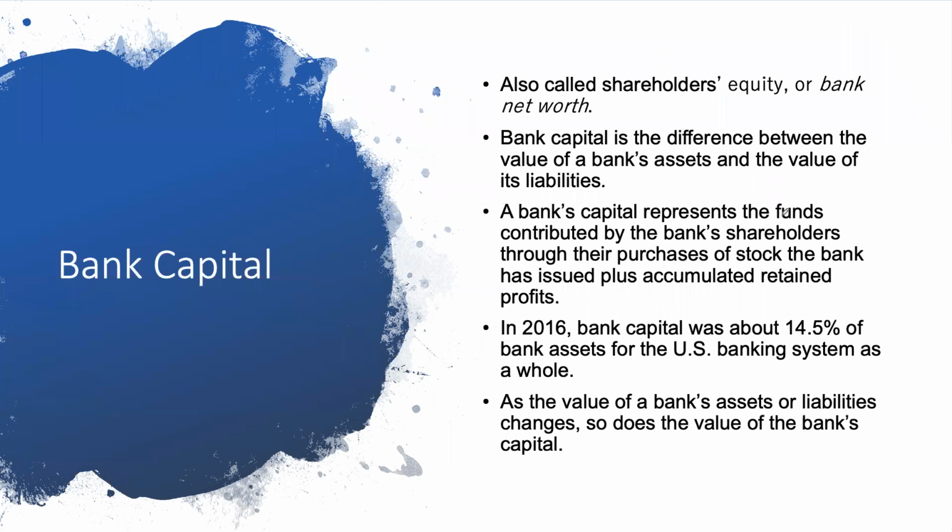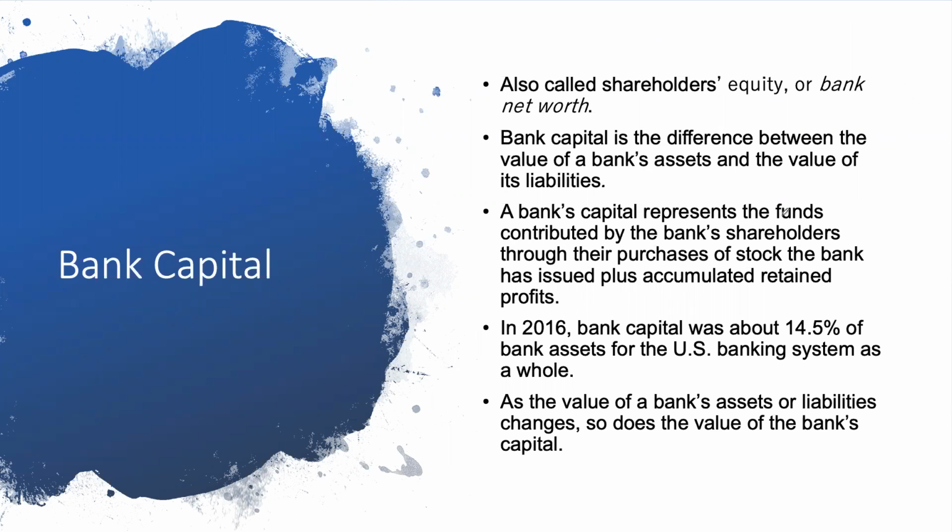All right. The last line item that we want to talk about is bank capital, right? Bank capital, which is also called shareholders' equity or the bank's net worth, is the difference, as we said, between the value of the assets that the bank owns minus the value of the liabilities that the bank owes, right?